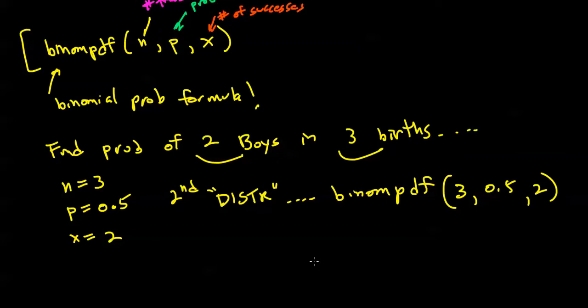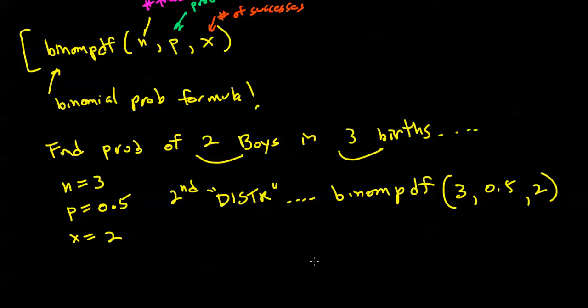Binomial PDF, n equals 3, comma, 0.5, comma, 2. Oh, by the way, the comma button is right below the sign button on the TI-83.